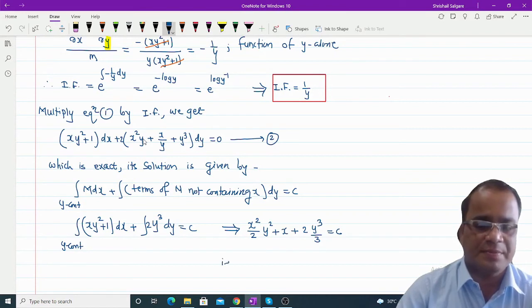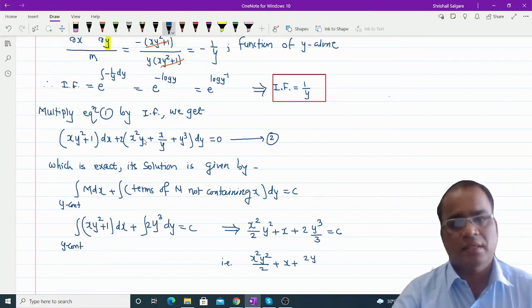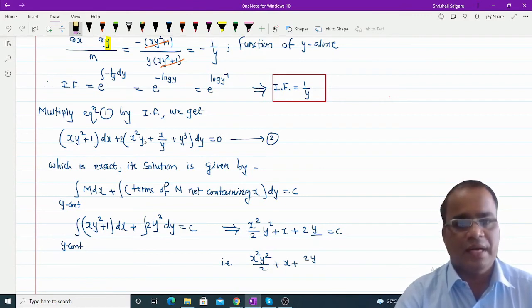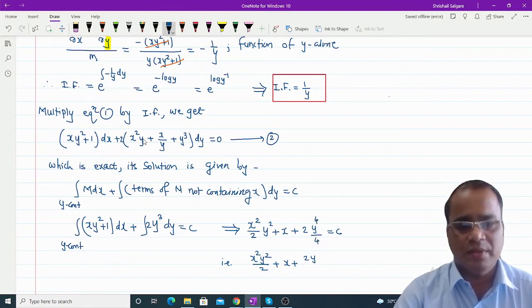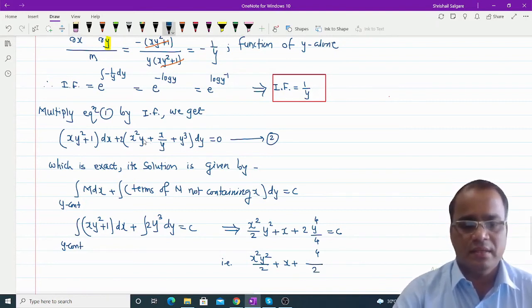That means the same expression I will write one more time: x square y square divided by 2 plus x plus, it is y raised to 4 divided by 4, because the term is y cube, it is y raised to 4 divided by 4. So it can be written as divided by 2, and this 2 I will cancel.